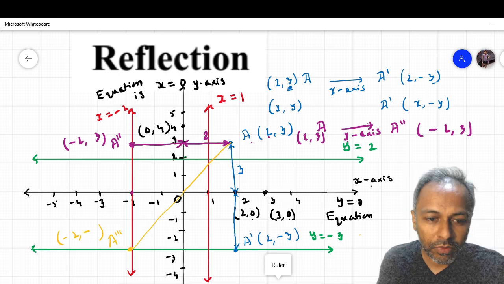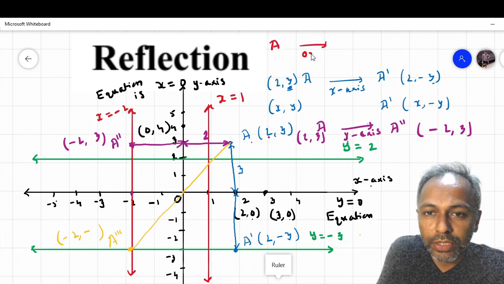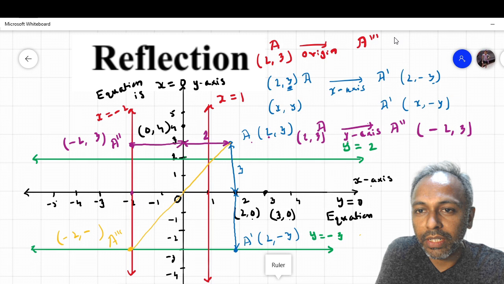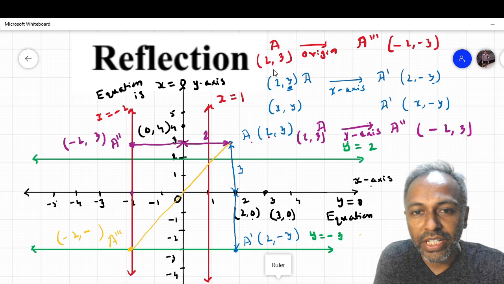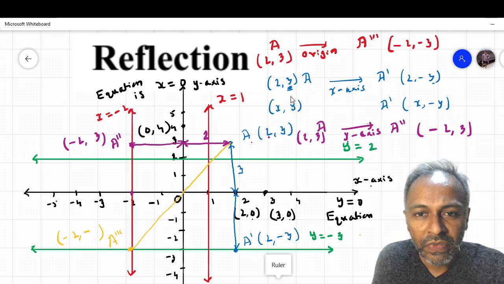Let me write this here. If A gets reflected about the origin, then let us say we denote the answer as A triple dash. Then A's original coordinate was (2, 3), which has transformed into (-2, -3). So change of sign happens in both the coordinates.